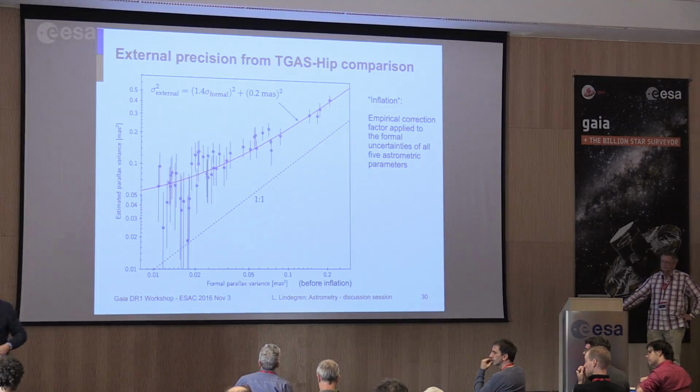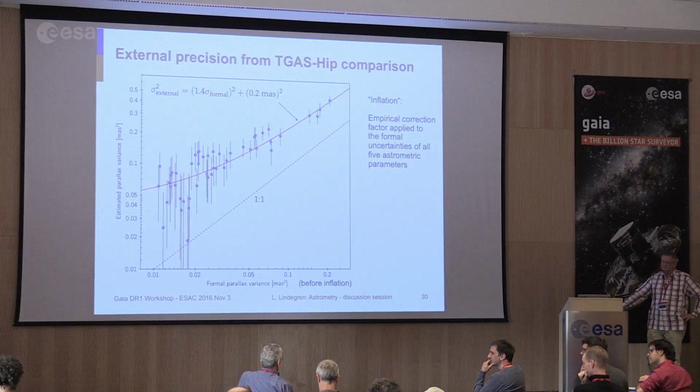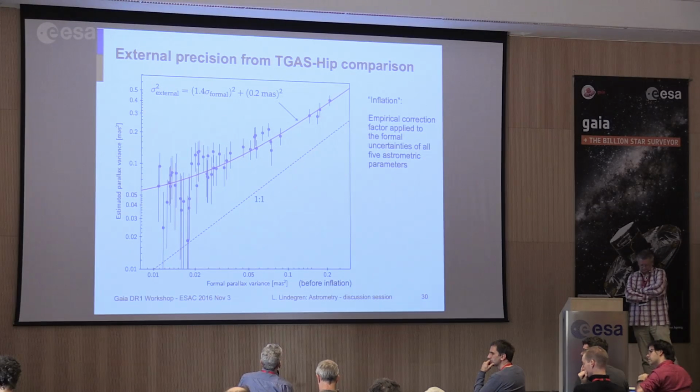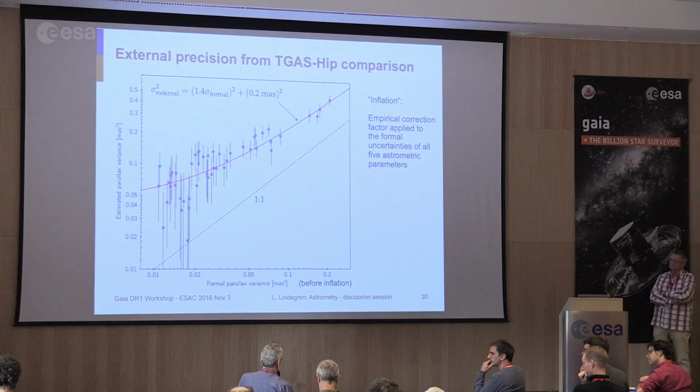I've said it, I think, before. When I look at the star clusters, I've got 19 clusters. When I look at the comparison between the parallaxes for the 2009 Hipparcos determination and the new TGAS determination, you need something like 0.25 milliarcsecond extra noise to explain the differences. Where the 0.25 exactly comes from, I don't know.